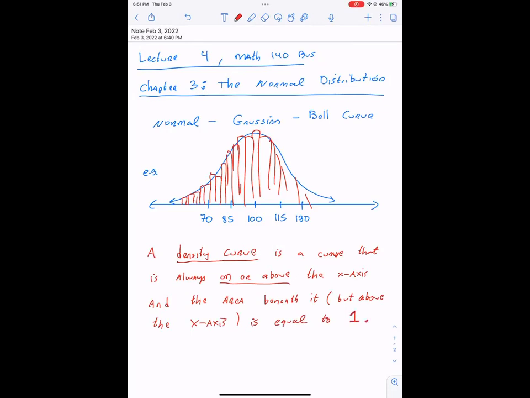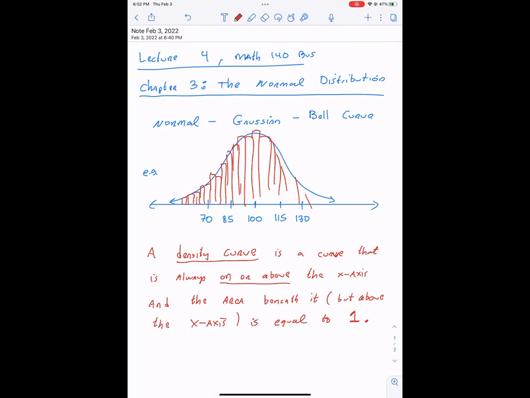And these two conditions really make a lot of sense if you recognize that a density curve is representing the results of a histogram. For a histogram, could you have a negative number in any column? No. It's not possible. So if you can't have a negative column, then your curve can't be negative, because the curve is your approximation to a histogram.